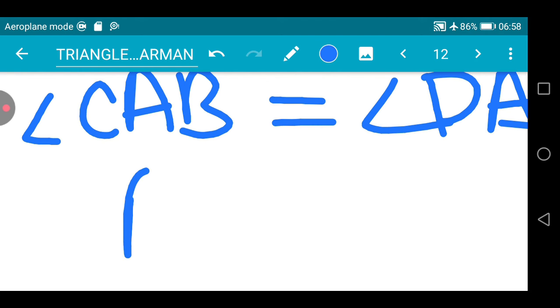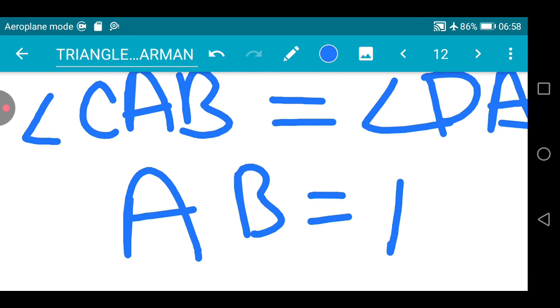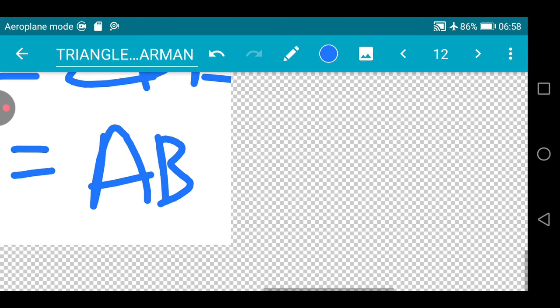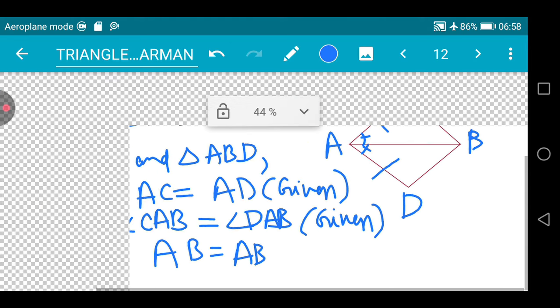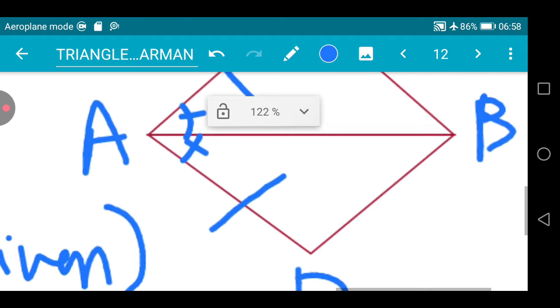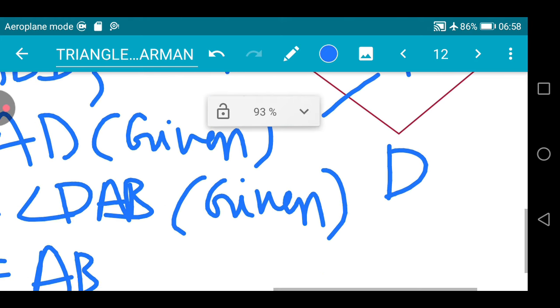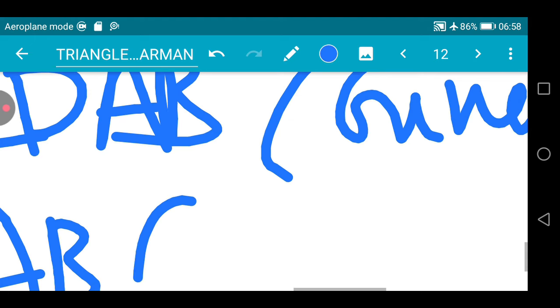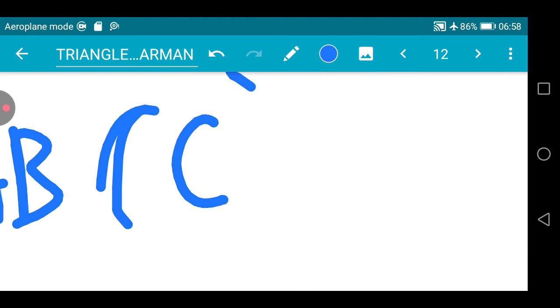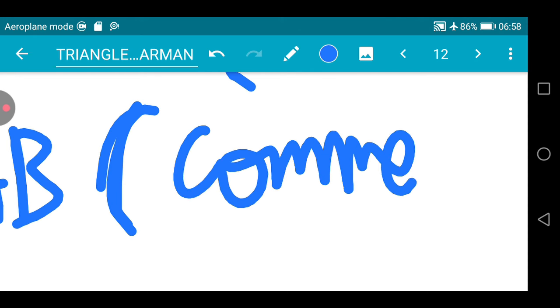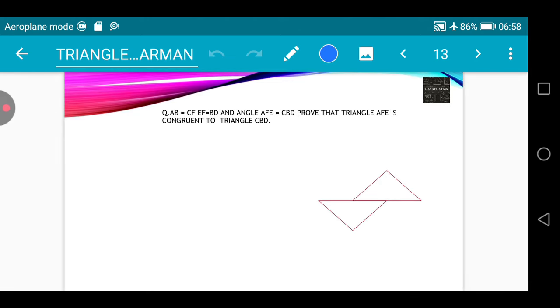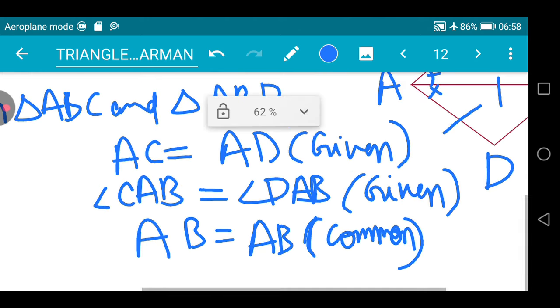And AB will be equal to AB. Why will AB be equal to AB? In both triangles the base is AB, so these will be equal. AB equals AB, common.